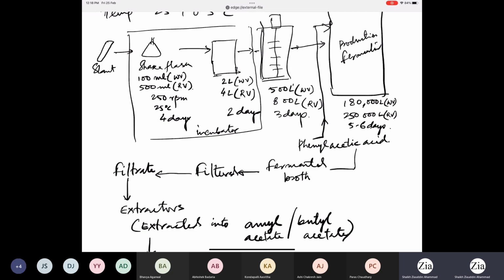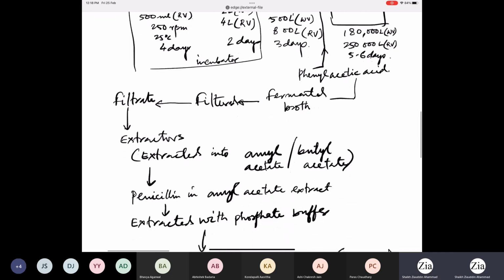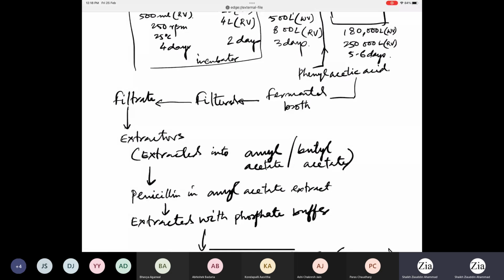So in multiple extractors, you use different solvent mixtures. So in the first stage, you use amyl acetate and butyl acetate. And there, the major component, all the antibiotic will actually come into amyl acetate.